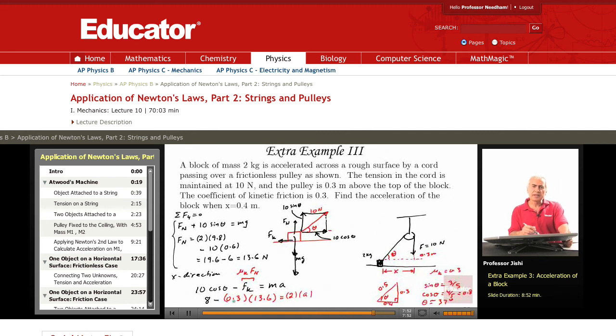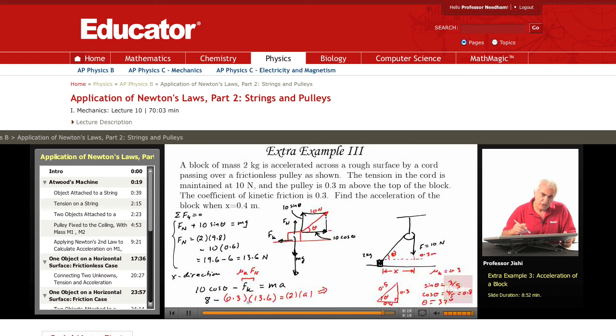Now 0.3 times 13.6 is a little bit over 4, about 4.1. So 8 minus 4.1, that's approximately 4. So we have 4 equals 2a.